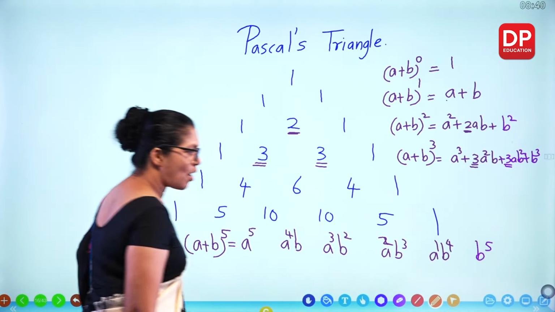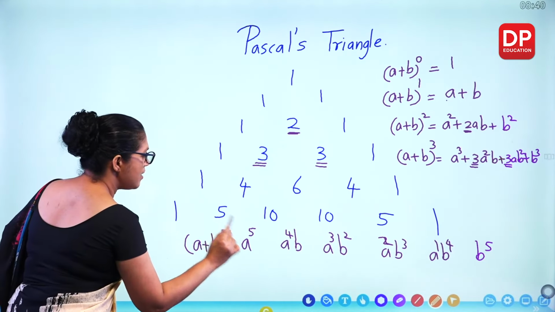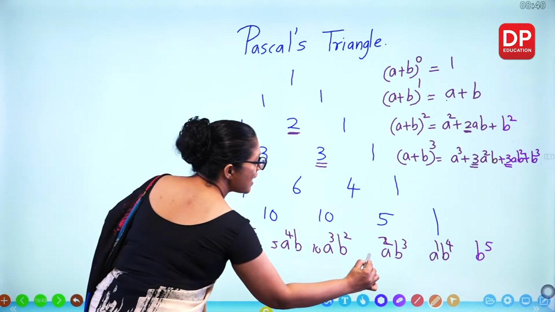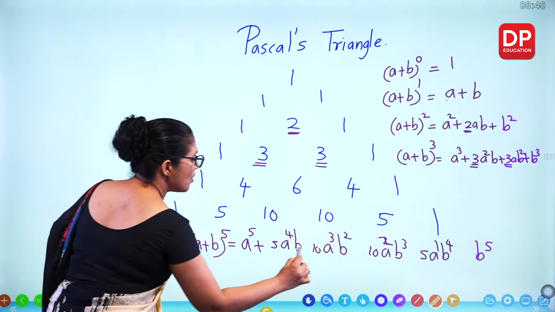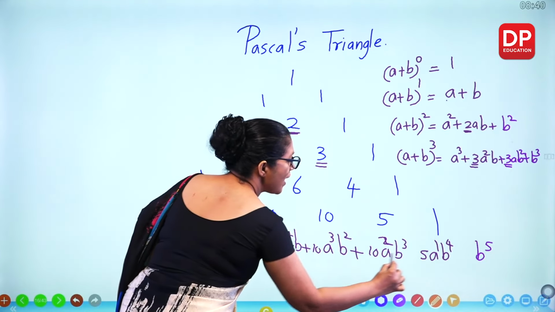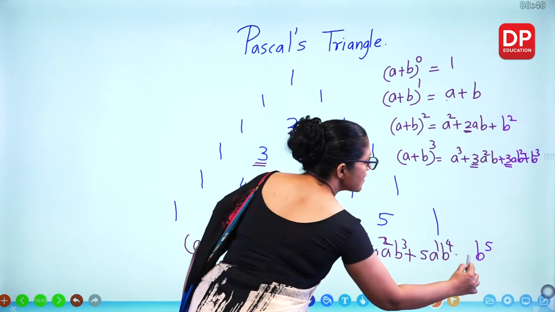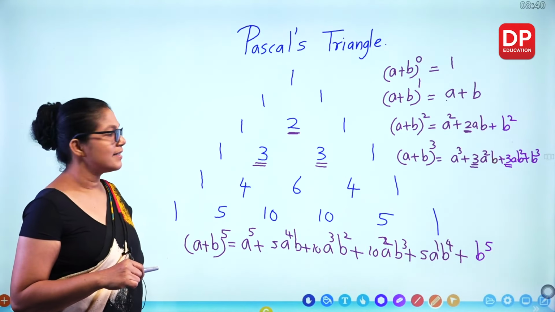These are the terms you are getting. So what are the coefficients? 1, 5, 10, 10, 5, 1. So when you want to expand any power, it's easy to use the Pascal triangle.